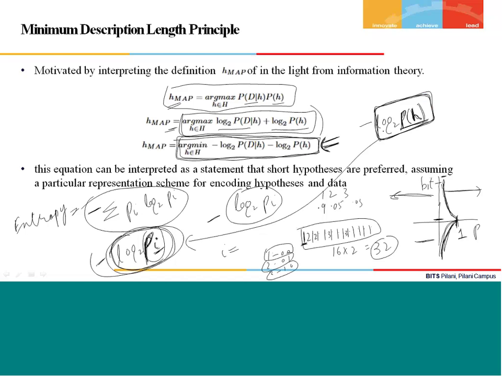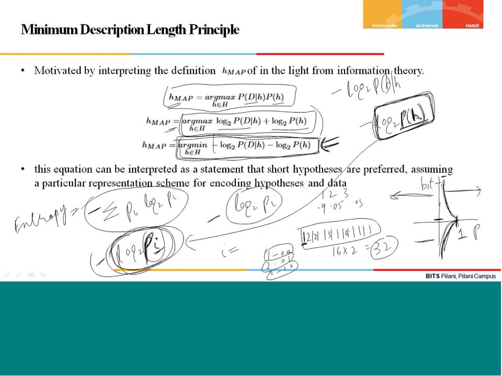It is only for understanding, right? I want to correlate this expression with that expression. So this expression is saying these are the number of bits I need to represent my hypothesis.